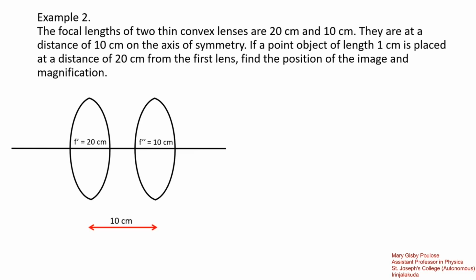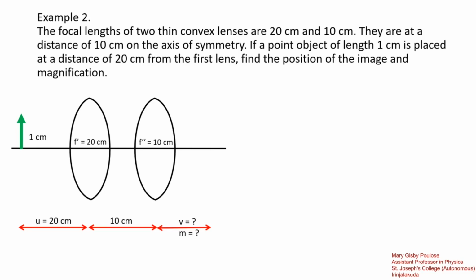They are 10 centimeters apart on the z-axis, right? Now a point object of length 1 centimeter is placed at a distance of 20 centimeters from the first lens. So U is equal to 20 centimeters. Now we have to find the position of the image and its magnification.